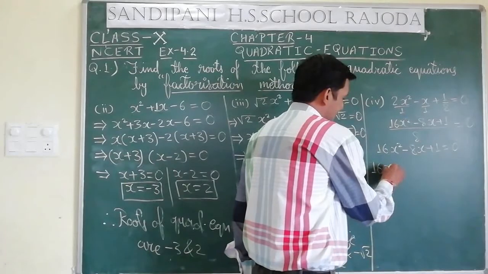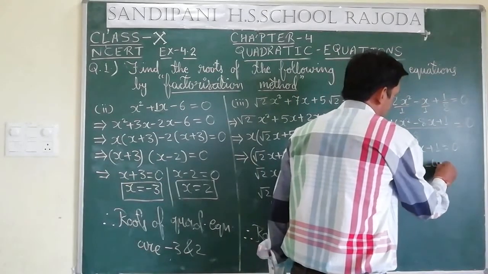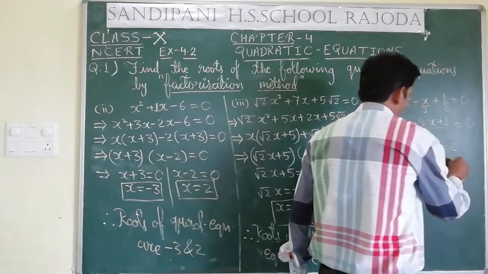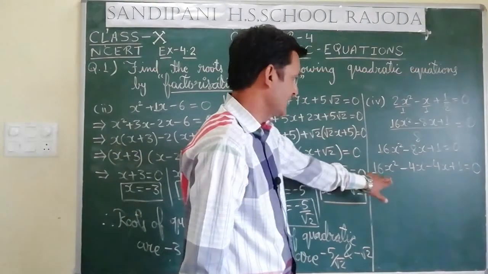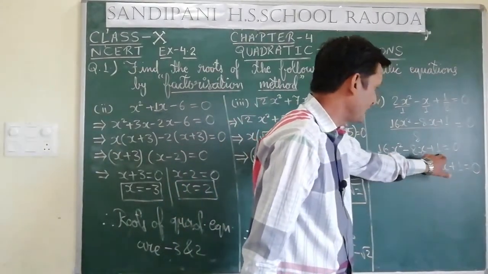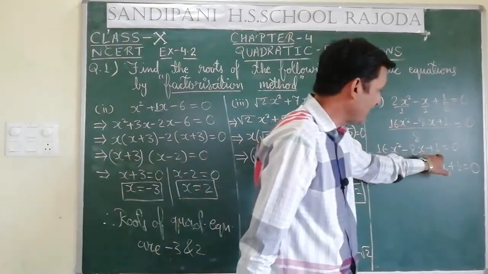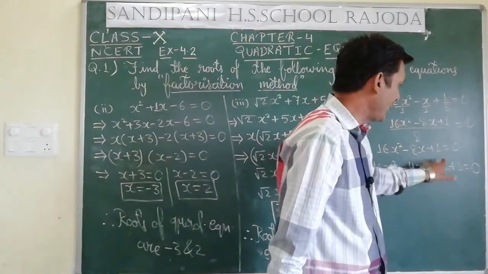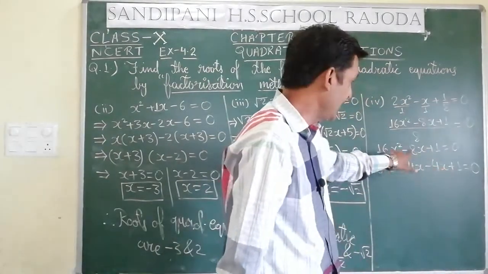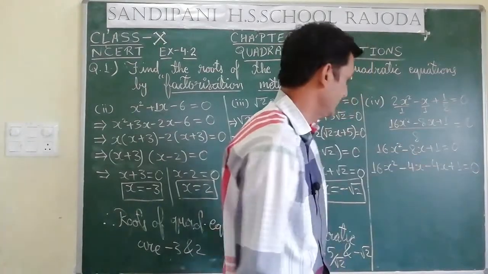So, it will be 16x square minus 4x minus 4x plus 1 is equal to 0. It is clear? Minus 4 into minus 4 is plus 16. You will have to get 16 because when 16 is multiplied by this constant quantity, then it will be 16. So, minus 4 into minus 4 is equal to positive 16 and minus 4x minus 4x is minus 8x.